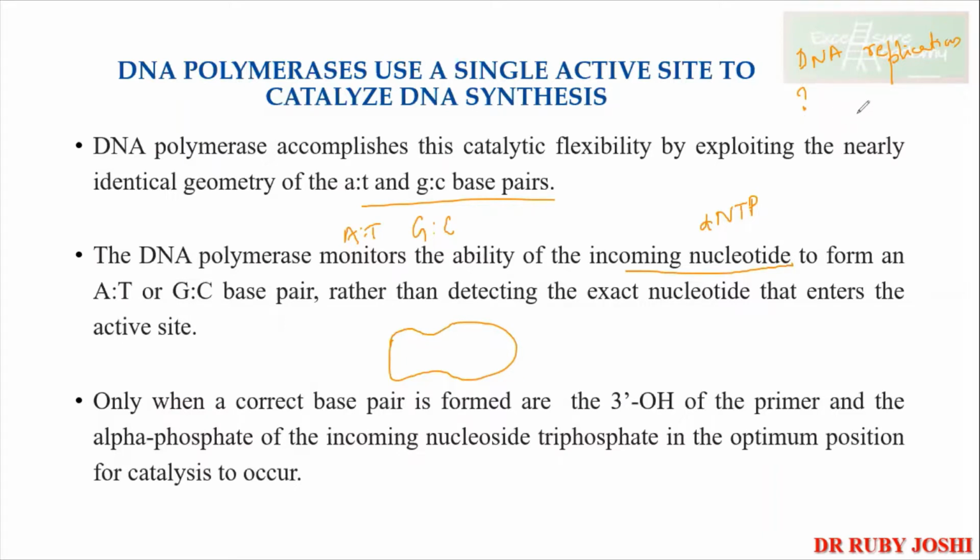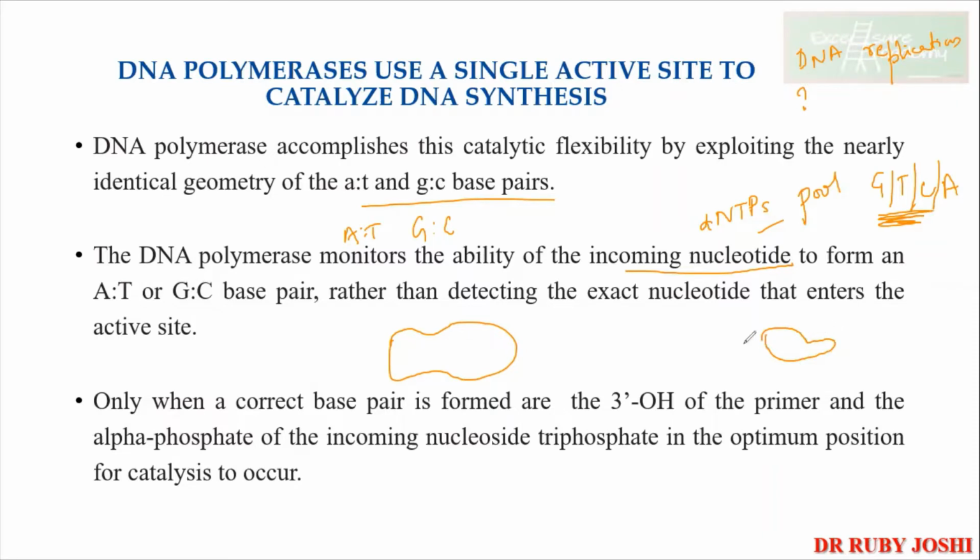So in the nucleus, you have got the dNTP pool. What do you mean by pool? It means so many different types of dNTPs are present, for G, for T, for C, for A, right? Now this is going to be a chance event. Whether G comes first, or T, or C, or A in the active site, it is a chance event, okay?